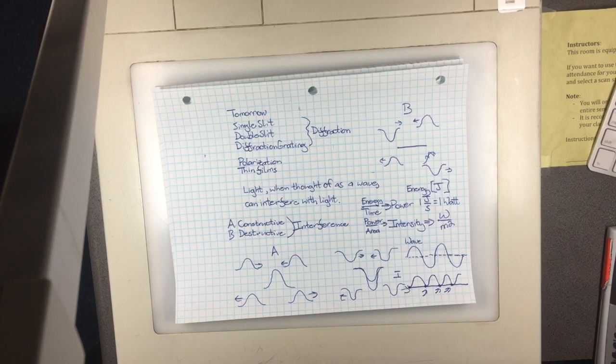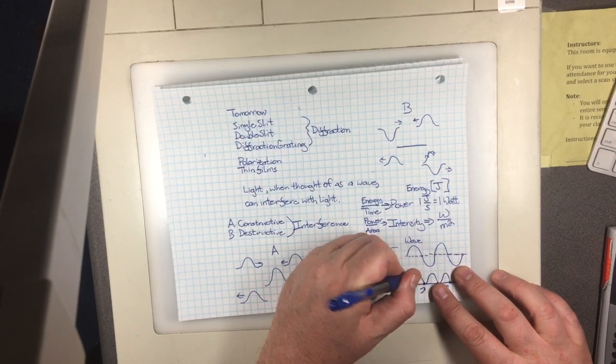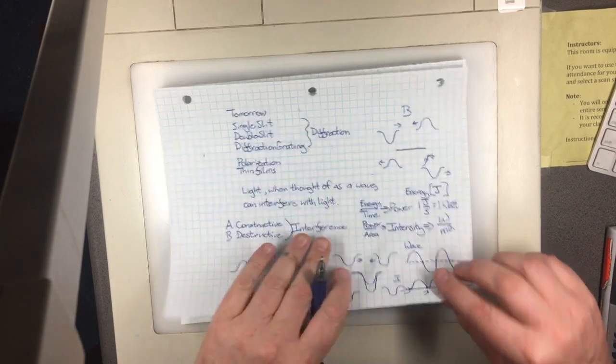Intensity is, you've got power in a trough, just as you've got power in a peak. A trough is just merely the absence of the water. It took energy and stuff to get that out of the way. So there is an intensity involved in that. And so where the intensity is, I'm running out of paper.